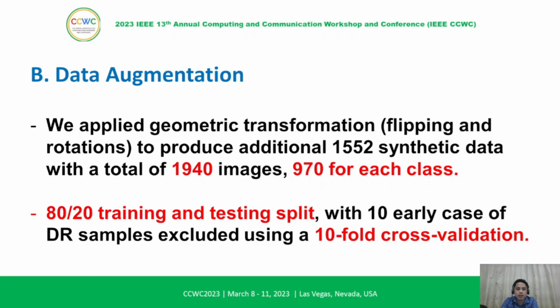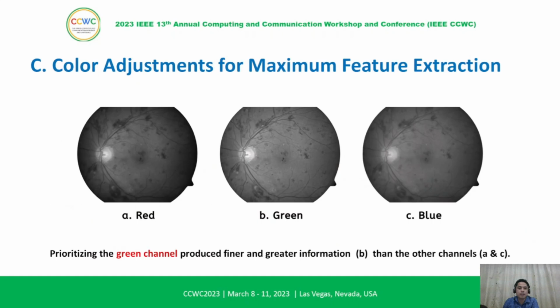With an additional 1,552 images, a total of 1,940 images based on flipping and rotations of images. So we have 970 for each class. An 80-20 training-testing split with early cases of DR samples excluded, using a tenfold cross validation.